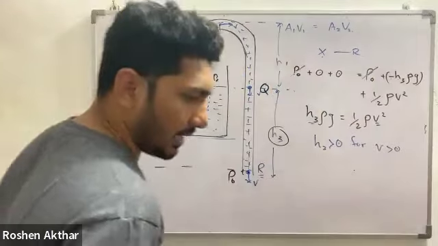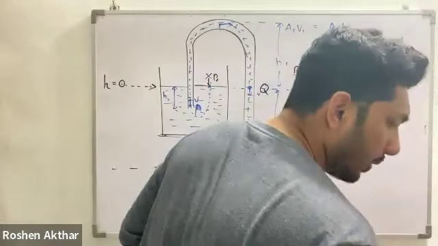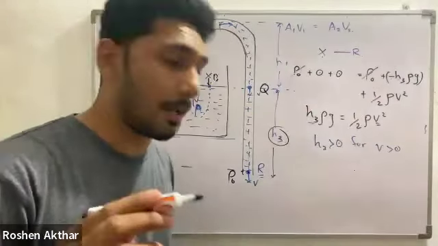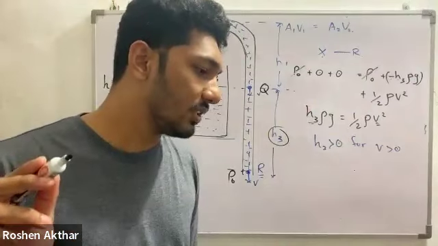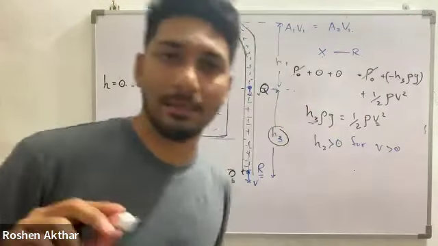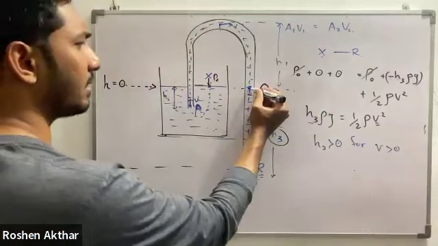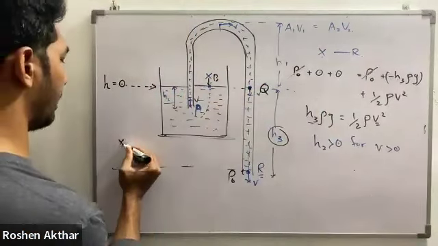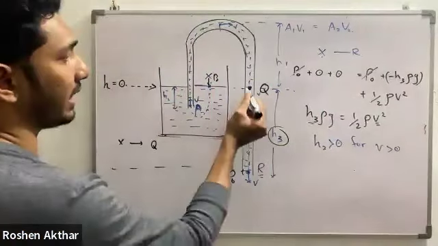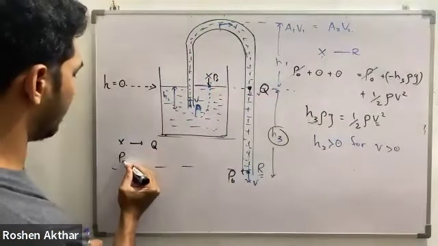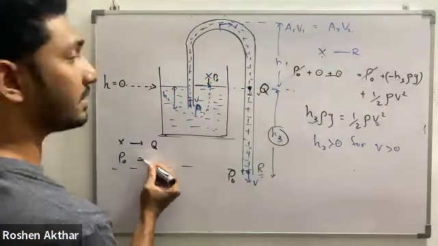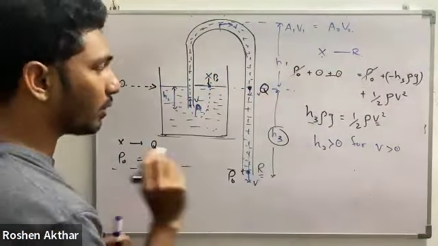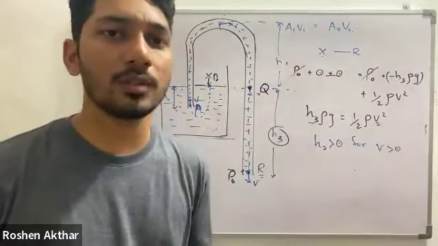Okay, the next statement is pressure at point Q is equal to P naught minus rho G H3. So we can apply Bernoulli from X to Q. At X, you know everything. P naught plus others are 0 is equal to, now for Q, we don't know the pressure at Q. It's not exposed to atmosphere now.